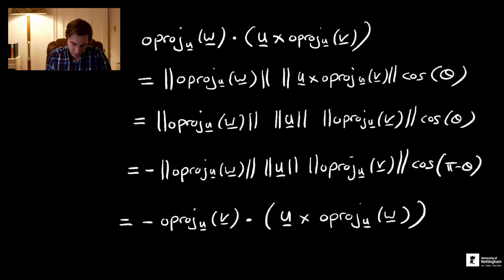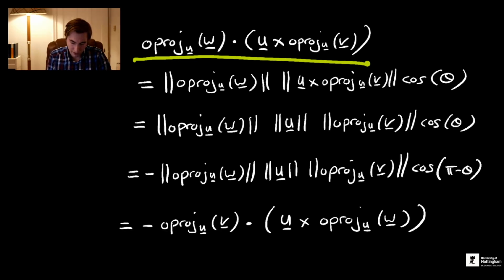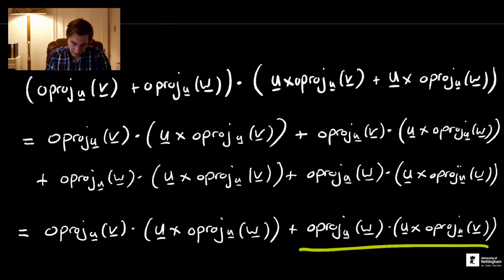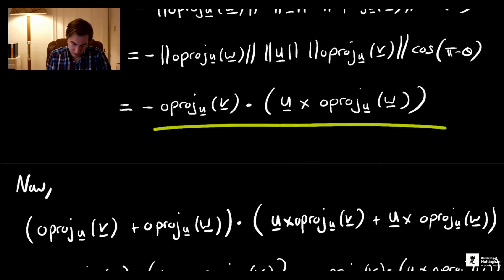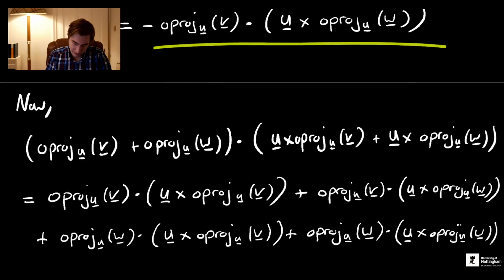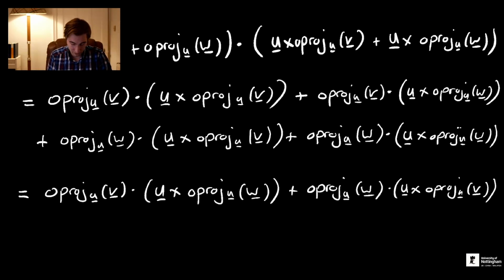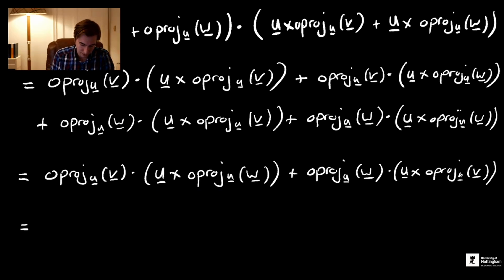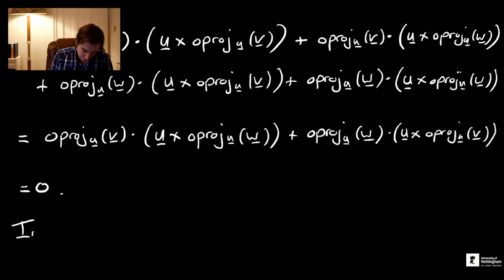So if we go up here, we see that this orthogonal projection of W dotted with this thing is equal to minus this thing dotted with this thing, which is exactly this expression with a negative sign. So when we add them together, the overall thing is equal to 0, which is exactly what we wanted to show.